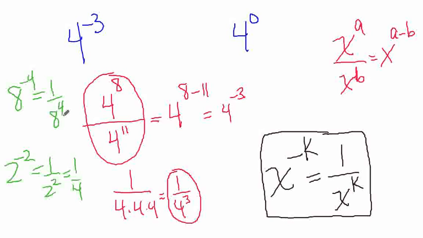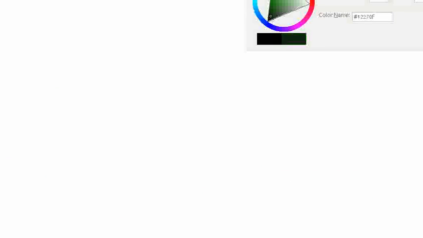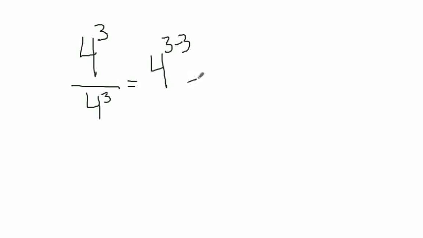Okay. Now let's do the zero exponent. Let's see, how are we going to make sense of that one? Okay. So going back to the quotient rule again, suppose that I had 4 to the 3 over 4 to the 3. The quotient rule says that's 3 minus 3, so that's 4 to the 0.